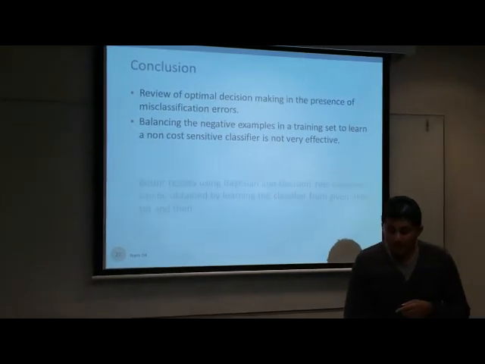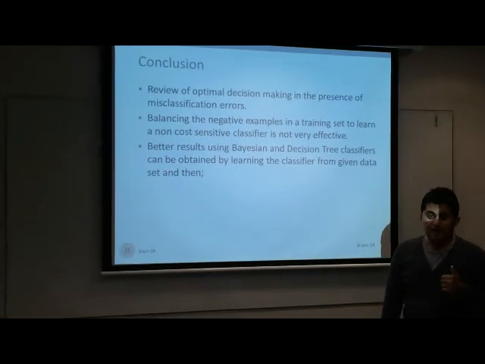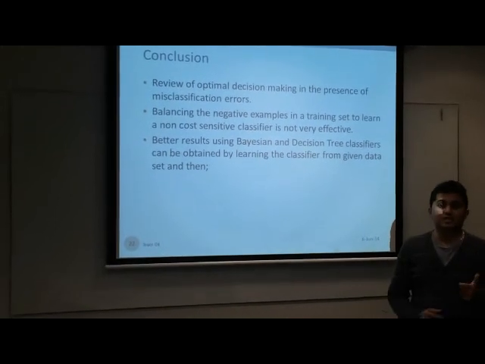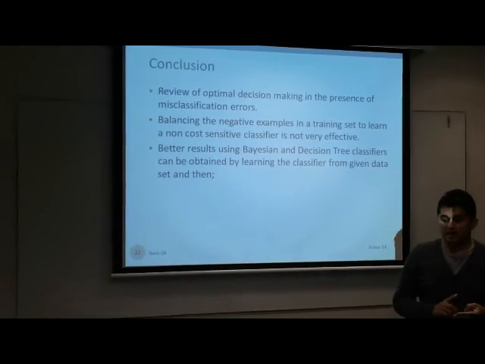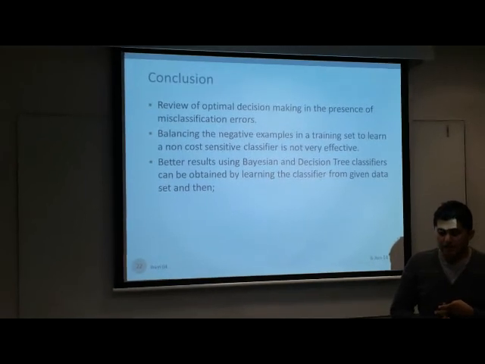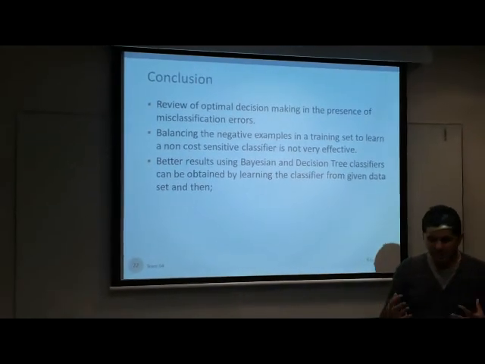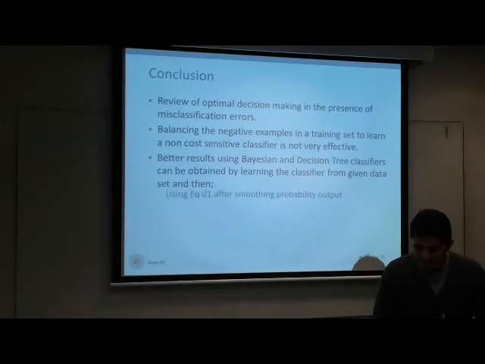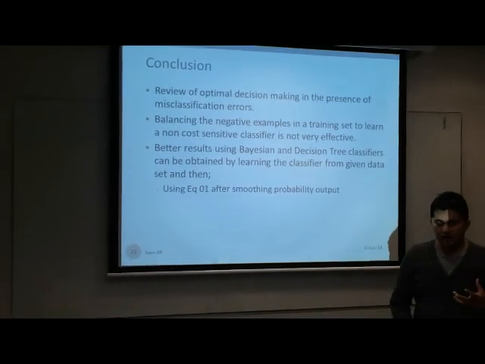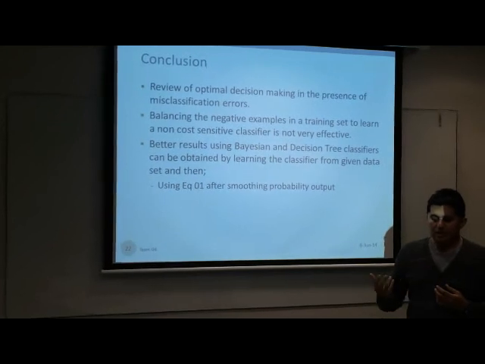However, what he does recommend is that better results can be obtained for the two classifiers, Bayesian and decision trees, by learning the classifier on the data as given in the data set, and then using equation 1 after smoothing the probabilistic output.